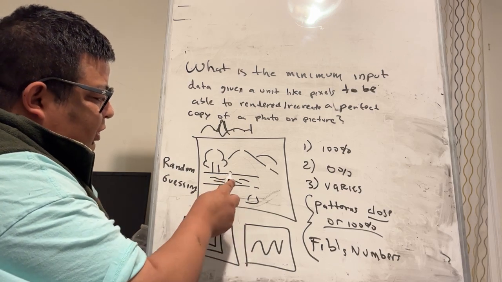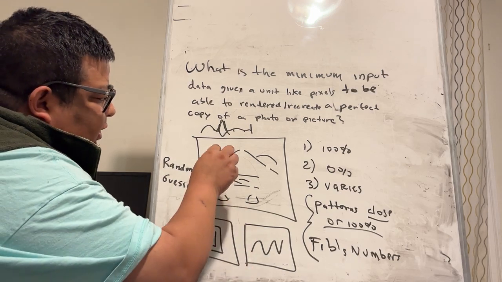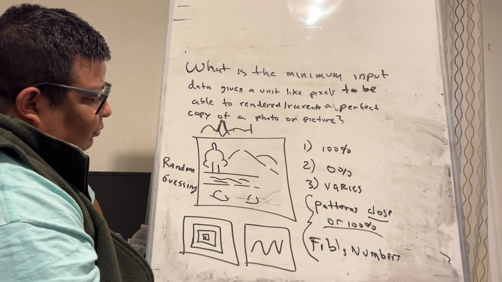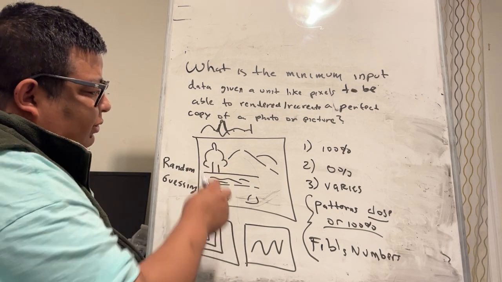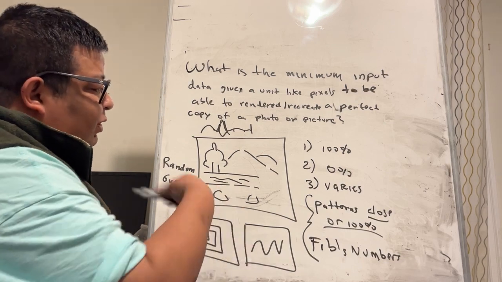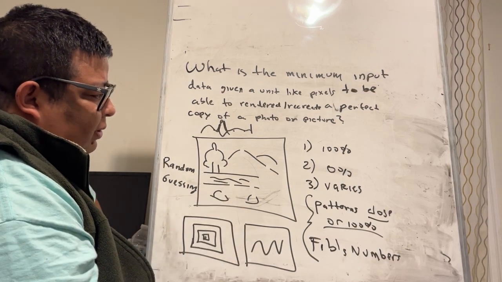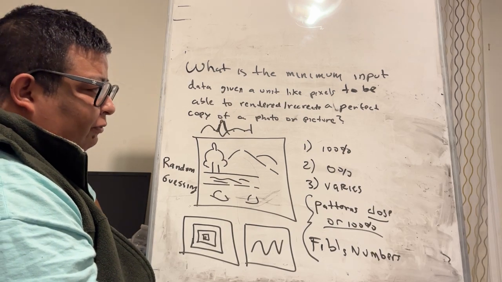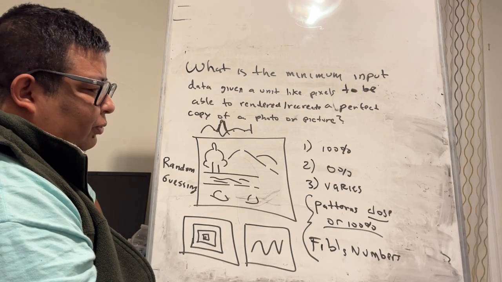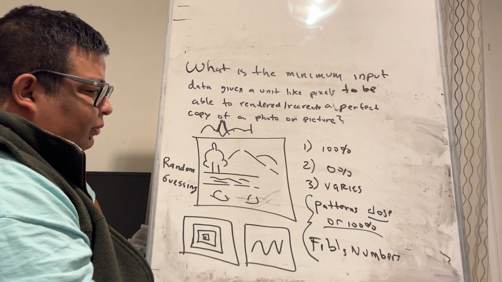But if, for example, this picture, how do I know this thing doesn't go here like that? I wouldn't be able to tell you without knowing anything about that tree. But if I know something about that tree, then I would be able to give you a better rendering, a better recreation of the picture.